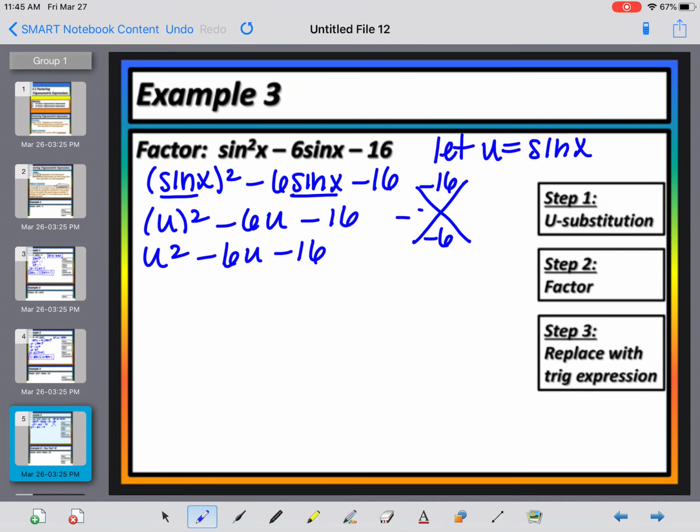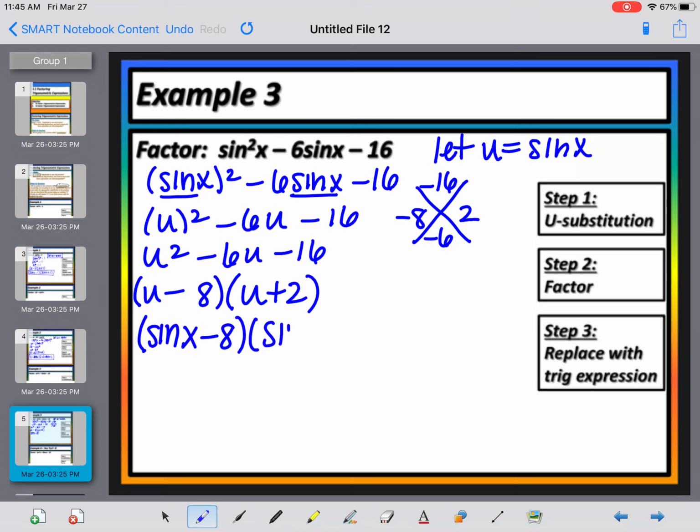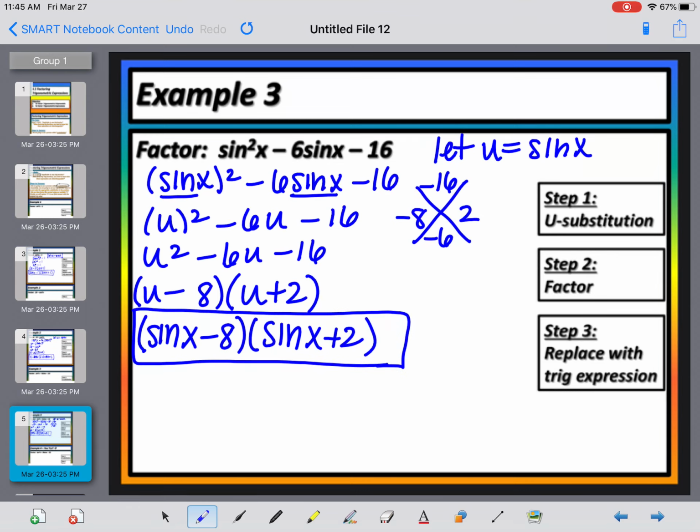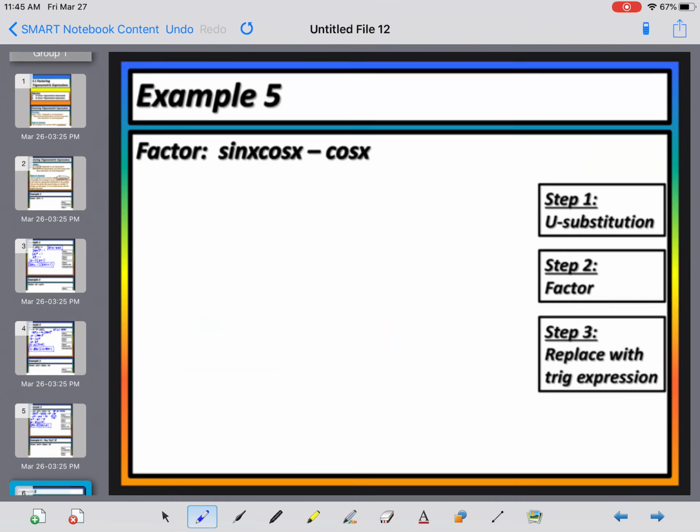Okay, so we're going to factor our trinomial. So u minus 8, u plus 2, and replace with sine. And that one is fully factored now.